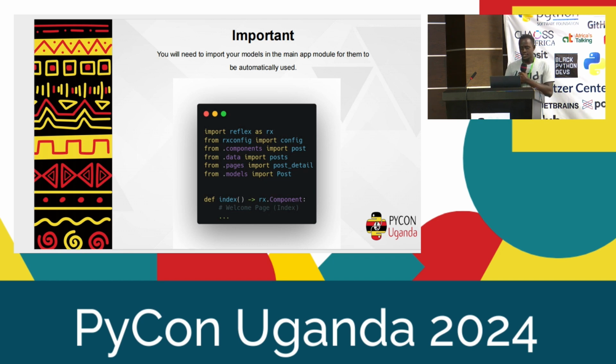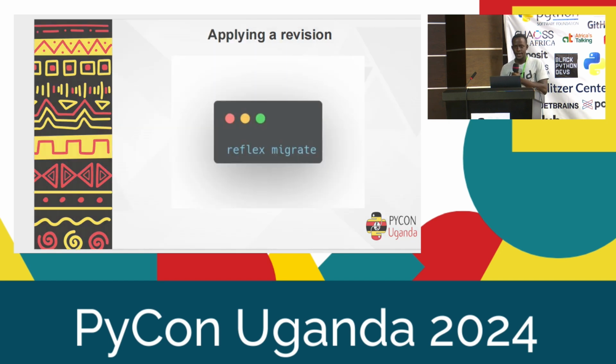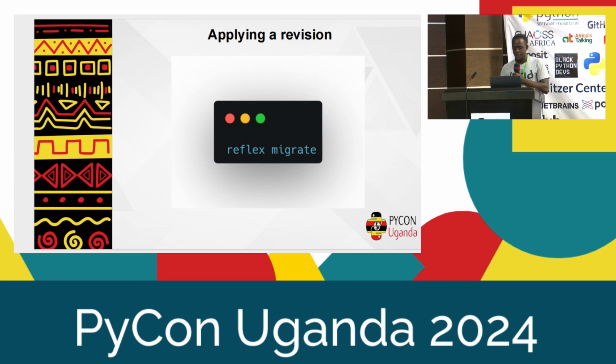When you import it, you create the migration or the revision for that. It's similar to how you do it in Django with python manage.py makemigrations. With Reflex, you run reflex db makemigrations, and then you provide a message that describes that specific migration. After doing that, you run reflex db migrate, and your database will be set up.